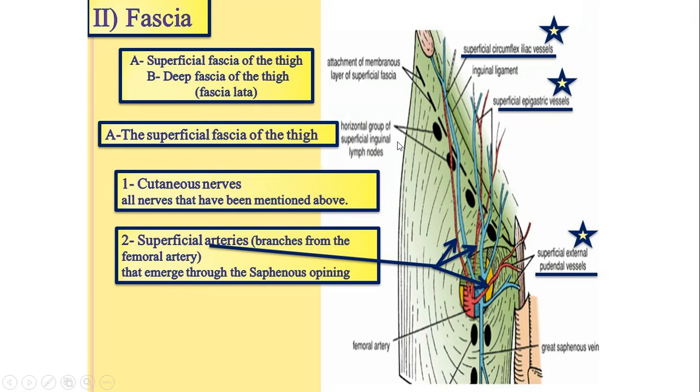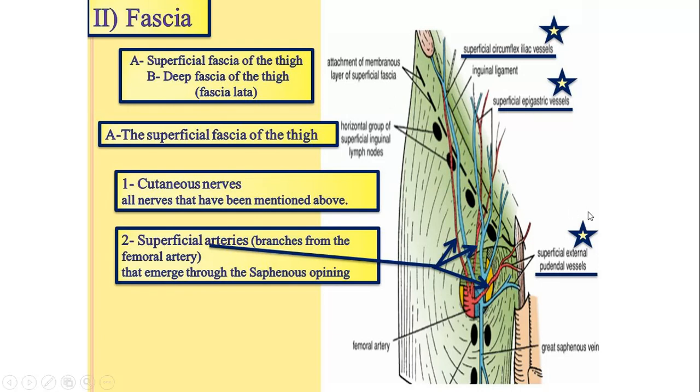Here we are seeing the superficial fascia, and in it is an opening named the saphenous opening, because here the great saphenous vein opens into the femoral vein. We'll see where it is located.